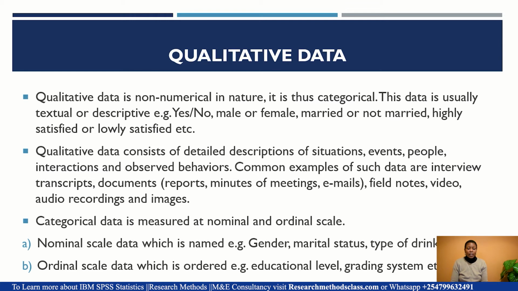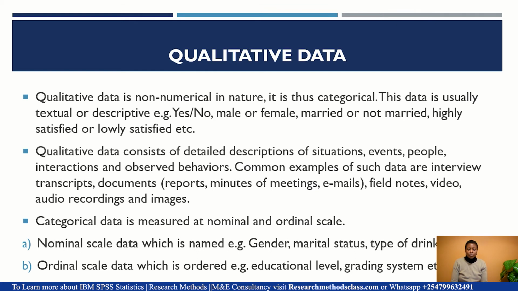Now let us look at qualitative data. So qualitative data is non-numerical in nature. It is thus categorical. This data is usually textual or descriptive. For instance, if you asked someone, have you attended a training, and the response that you require is a yes or no, that is a qualitative question.